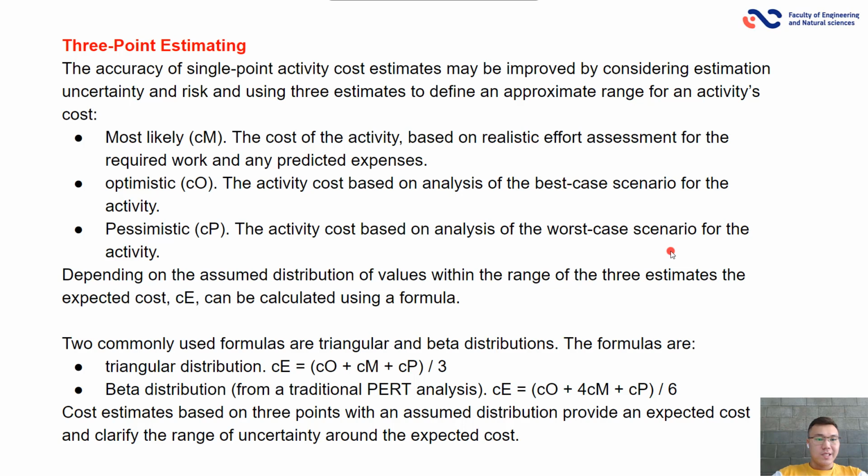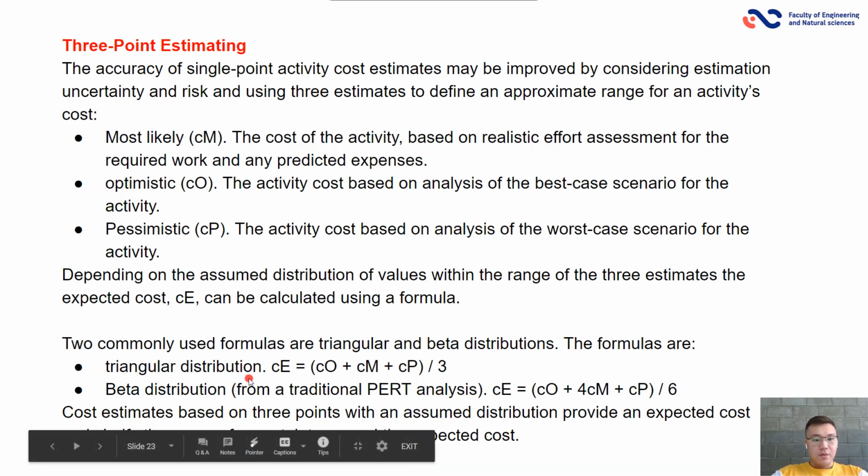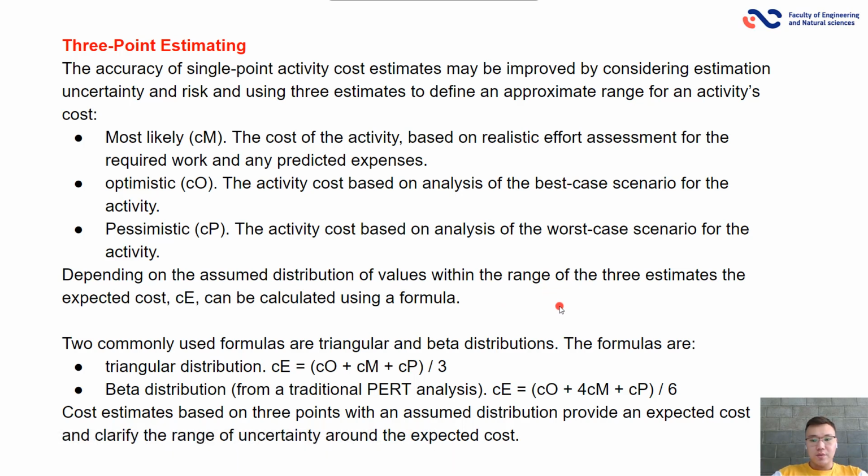They are most likely, optimistic, and pessimistic. Depending on the assumed distribution of values within the range of the three estimates, the expected cost can be calculated using a formula. Two commonly used formulas are triangular and beta distribution.